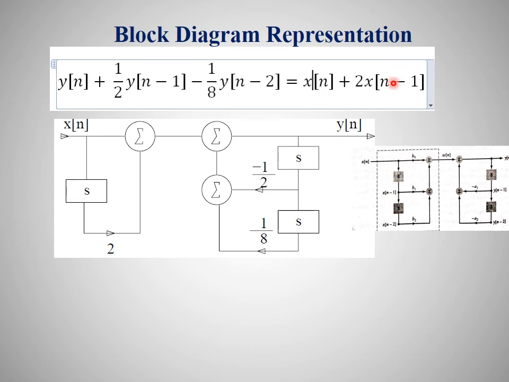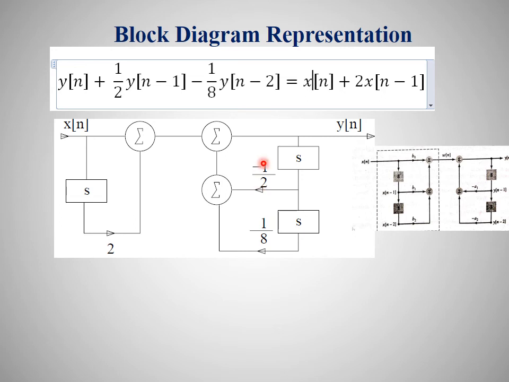If we recall, we remember that more number of shifting elements are required. So here we have y of n, and let us first generate these terms, that is, we need to generate y of n minus 1 and y of n minus 2. That is exactly what has been generated here. This is y of n minus 1, this is y of n minus 2, and here it is plus half, which means it will generate minus a1 as before.